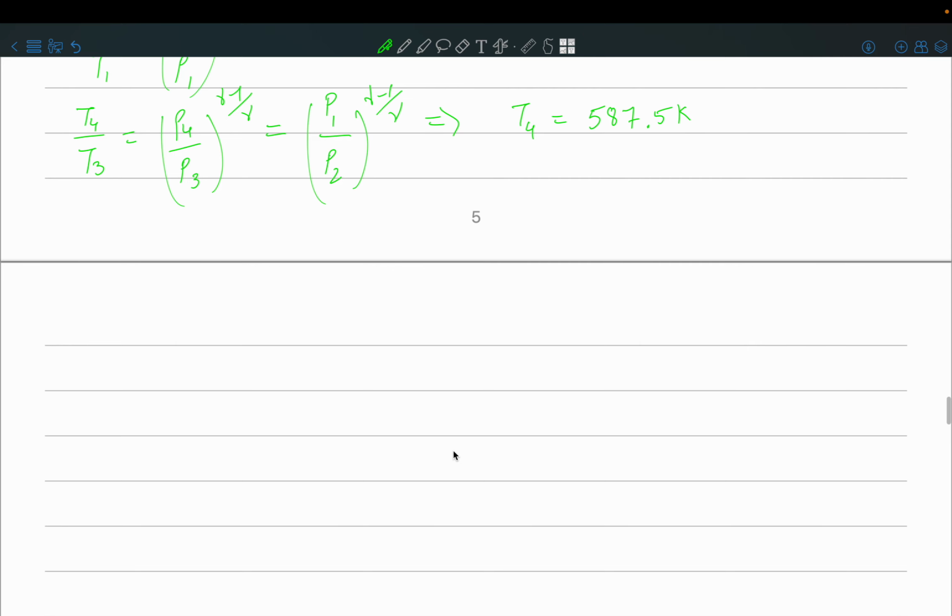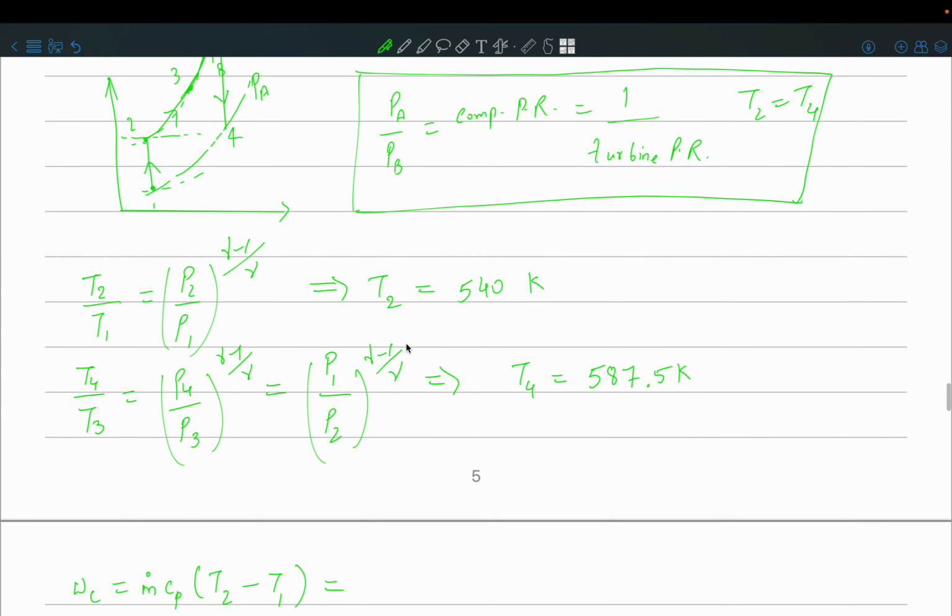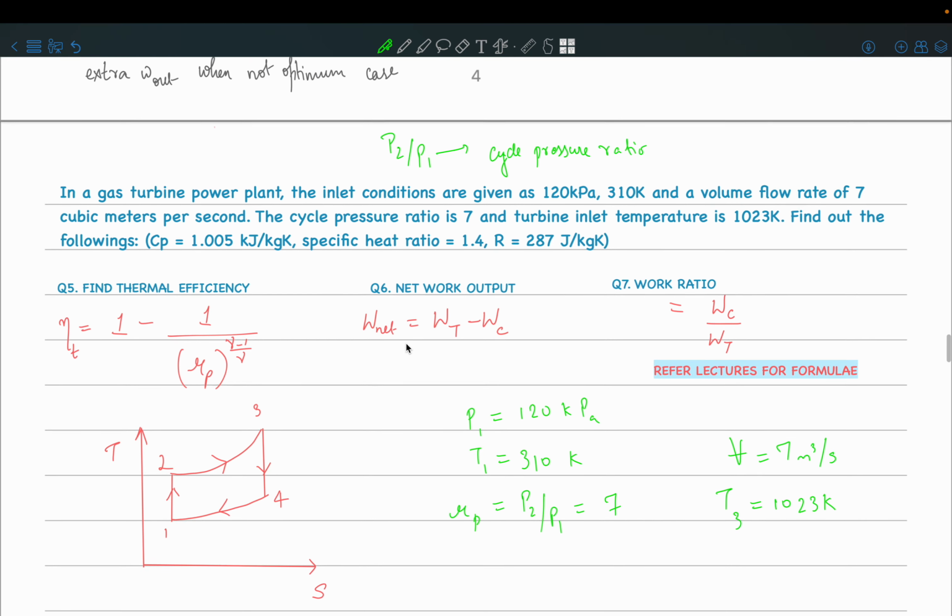Okay, so now we have T2, we have T4. So what is work of compressor? It is m dot Cp into T2 minus T1, which is equal to, so Cp, see the values are given over here in the question.